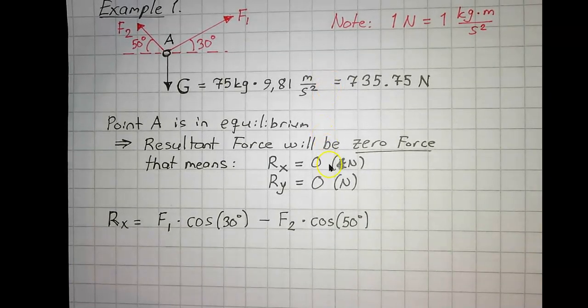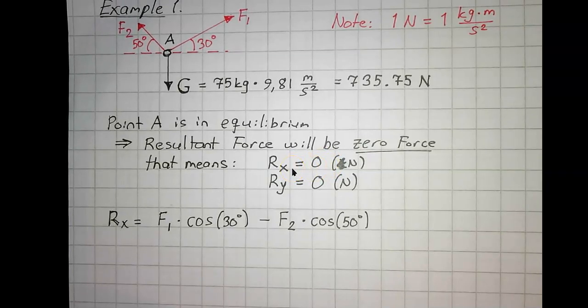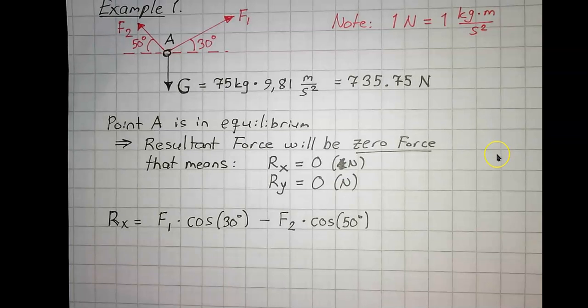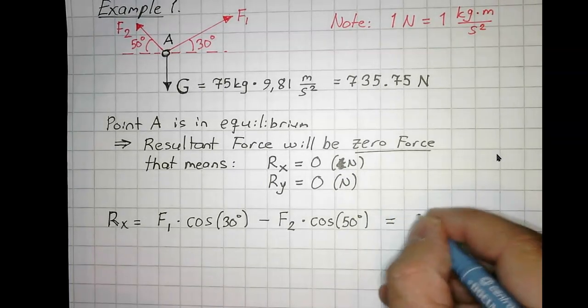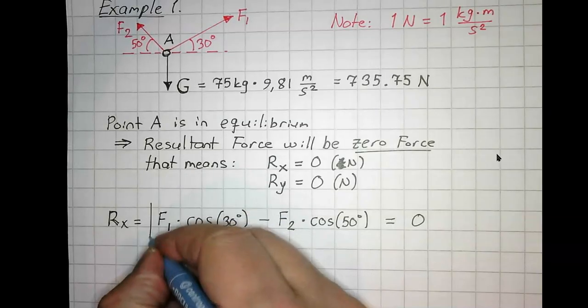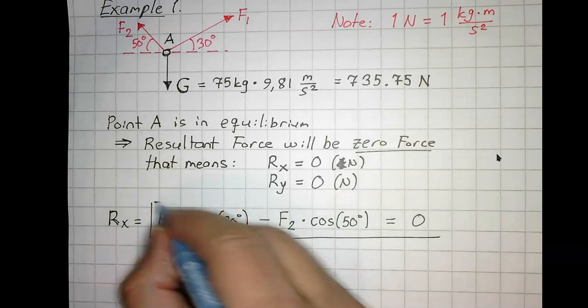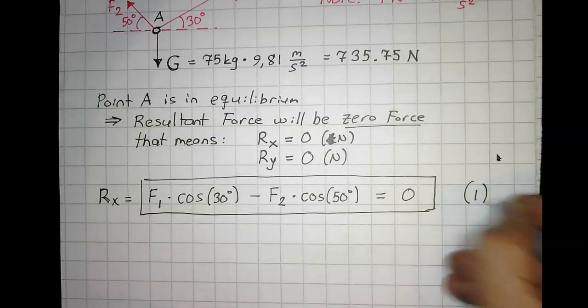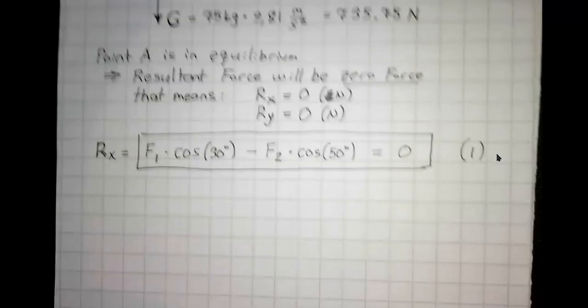And as we saw here, the x component of that resultant force must be 0, because that point is in equilibrium. So we get an equation here. This is the first equation we find. Let's call it number 1.